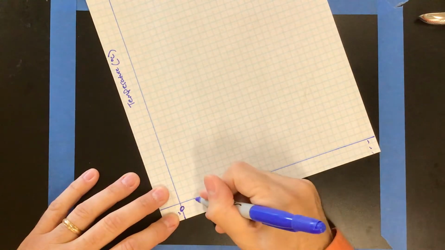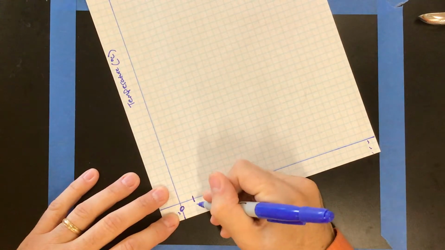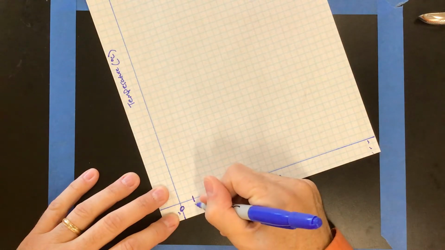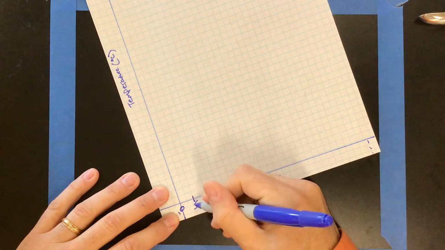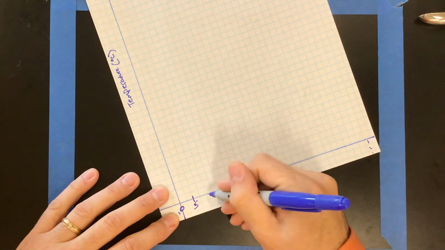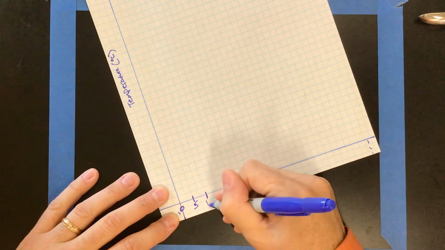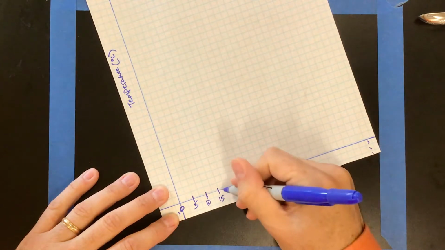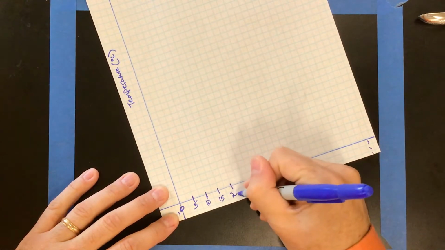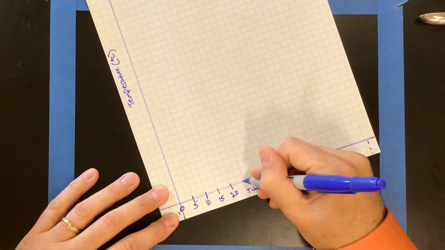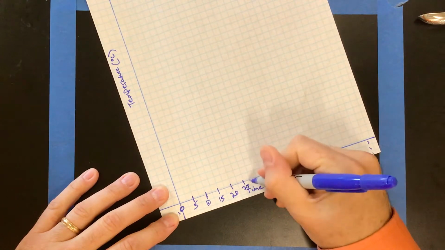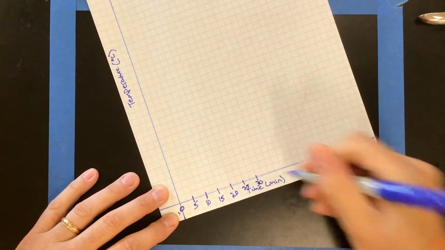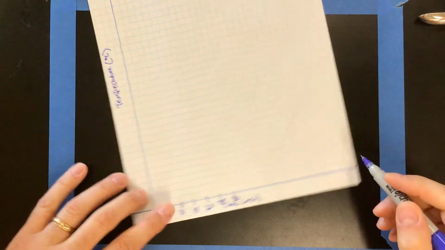And let's say we come out to here, and we want to make that 5. 2 blocks equals 5. Then the next 2 blocks has to be 5. That's 10. 2 more blocks is 15. 2 more blocks is 20. 2 more blocks would be 25. 2 more would be 30. And then you would continue on.